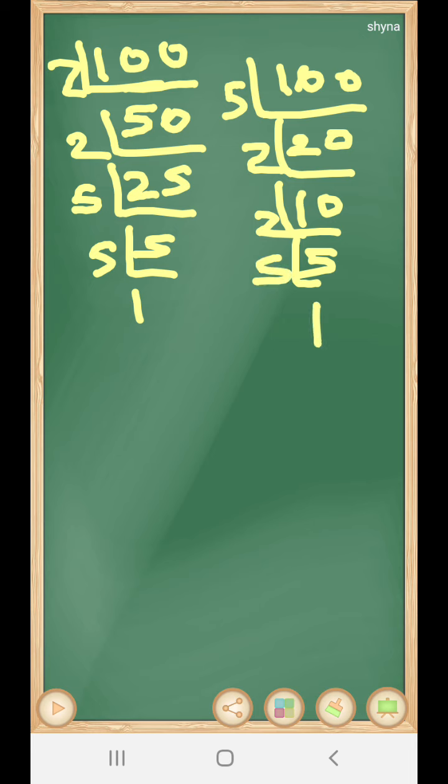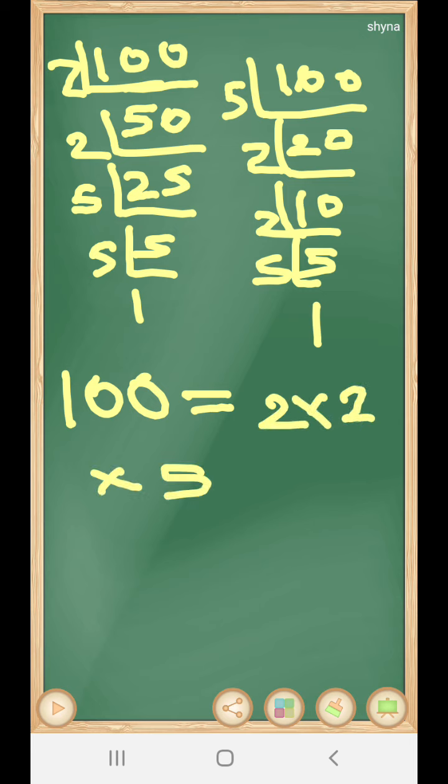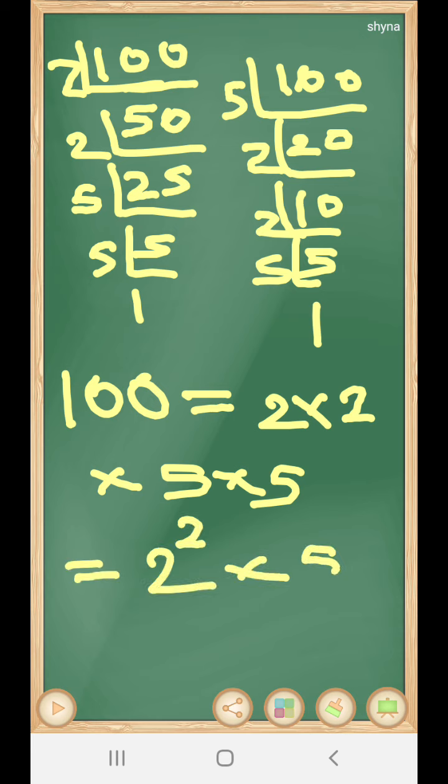In the first case, 100 equals 2 into 2 into 5 into 5. In the second case, 100 equals 5 into 2 into 2 into 5. That means in both cases there are two 2's and two 5's. Writing in ascending order, 2 into 2 into 5 into 5 equals 2 square into 5 square.